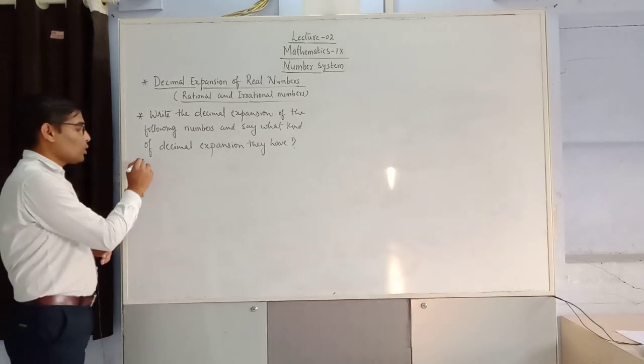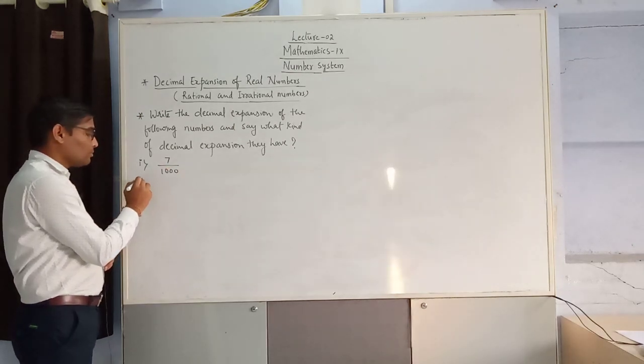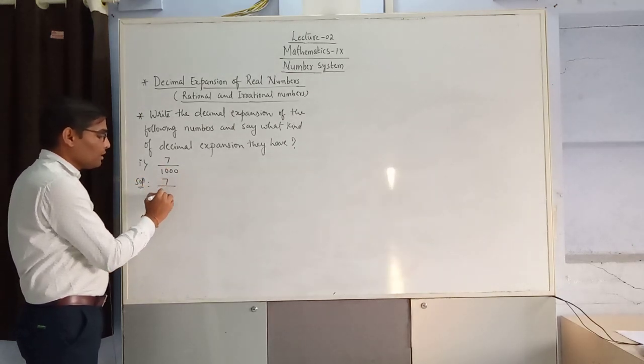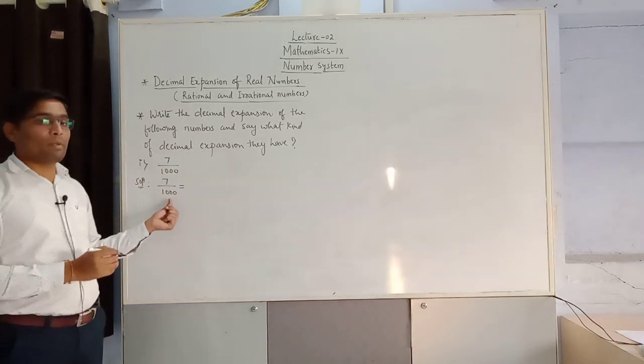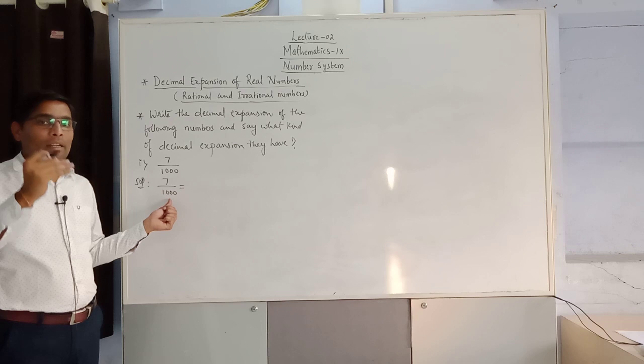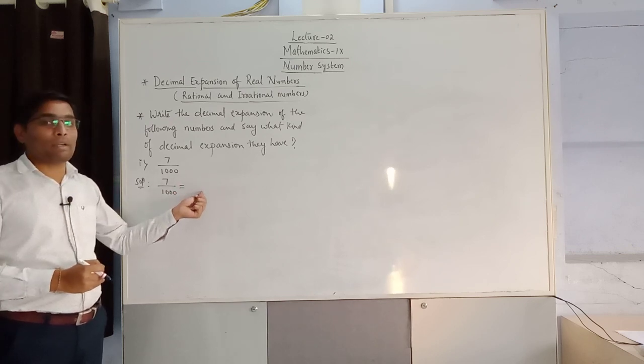The first problem is 7 by 1000. 7 divided by 1000. We know that whenever in the denominator there is 10, 100, 1000, 10,000, it is not necessary to find the decimal expansion by the division method.